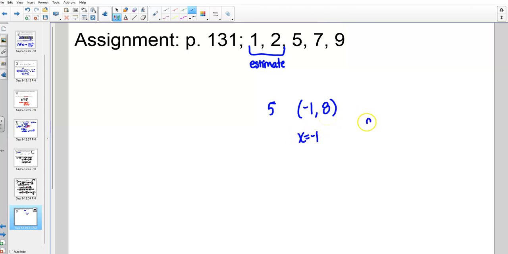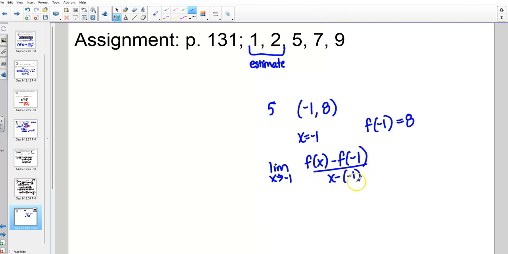It also means that f of negative 1 equals 8. So when you're setting that up, you'll be doing the limit as x approaches negative 1 of f of x minus f of negative 1 over x minus negative 1. Since they gave you the y coordinate right here, you don't really have to plug it in to find it. But if you do, you'll get 8 and it'll be the same, right?